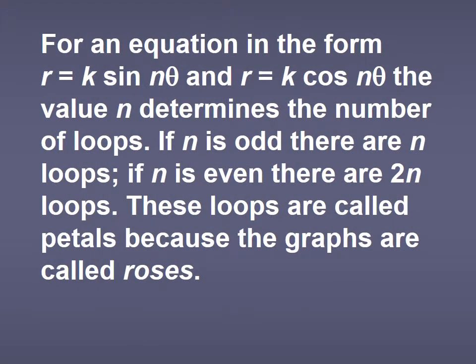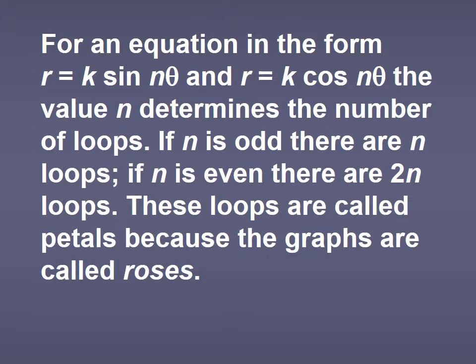When we're talking about equations in the form r equals k sine of n theta, or even r equals k cosine n theta, the n value is going to determine the number of loops. If n is odd, there are n loops. And if n is even, there are 2n loops.